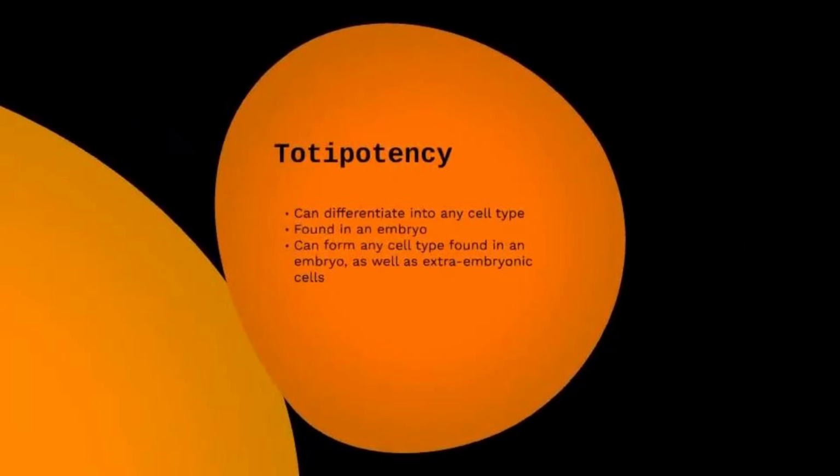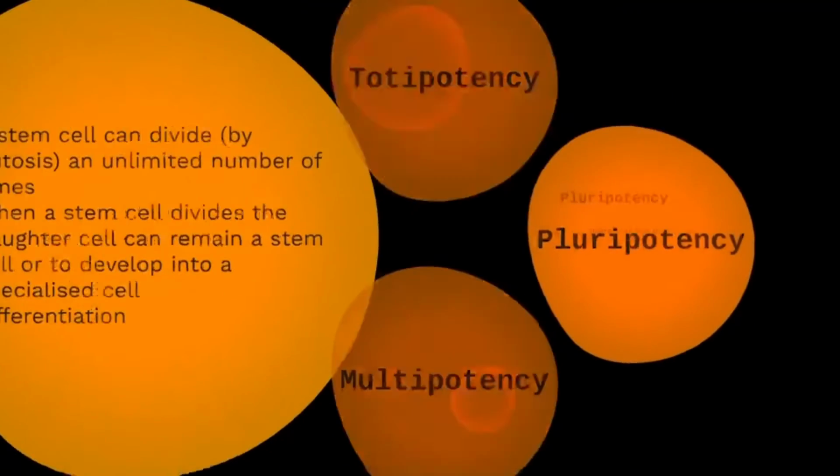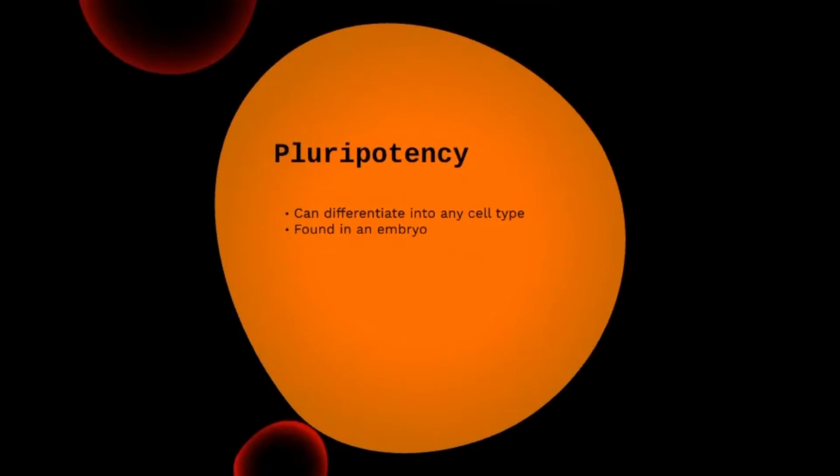So that's the highest level of potency, the most undifferentiated cell you can find. We then have pluripotency, and pluripotency is cells that can form any cell type in the embryo, so they're just a little bit more differentiated than the totipotent cells.